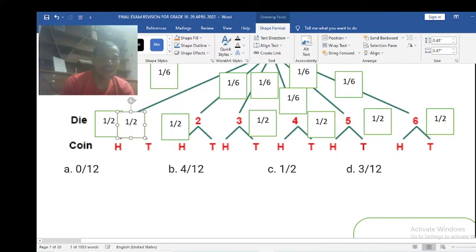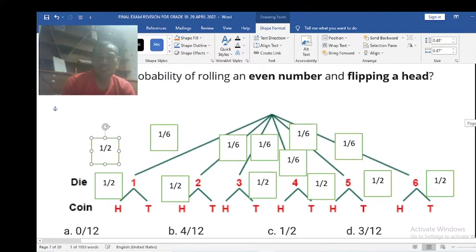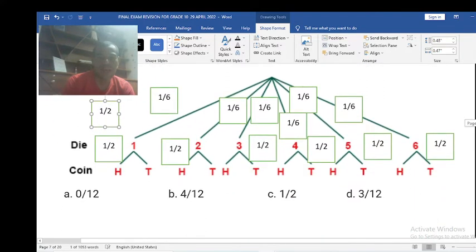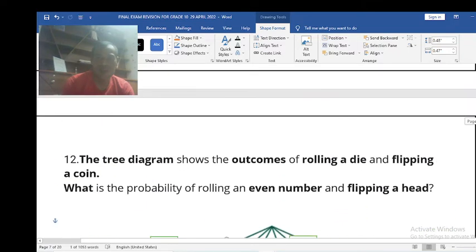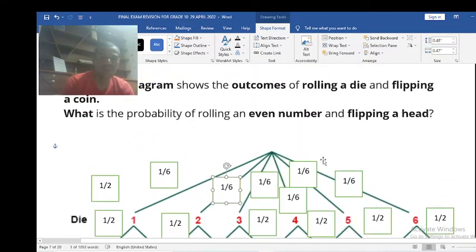I'll just erase this one, no need for this. Now the question is having an even number and flipping a head. The probability of getting 2 is 1/6, and a head is 1/2.